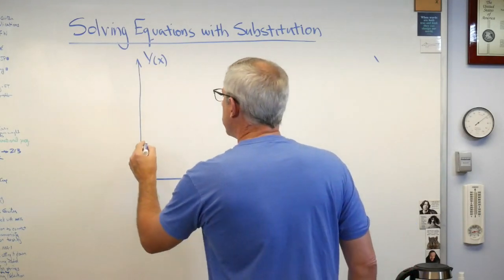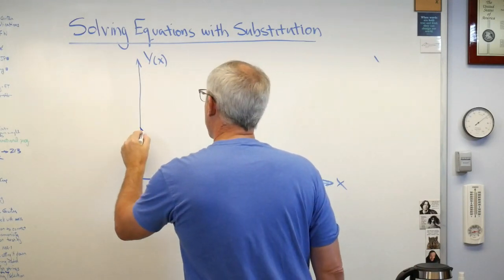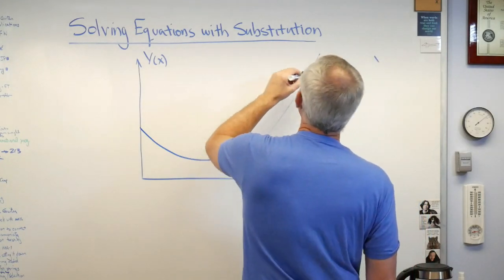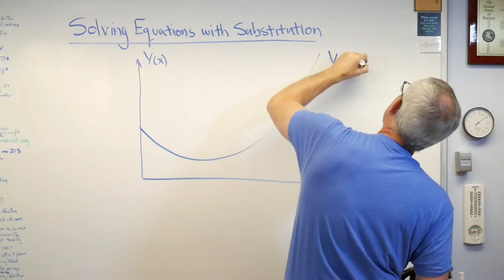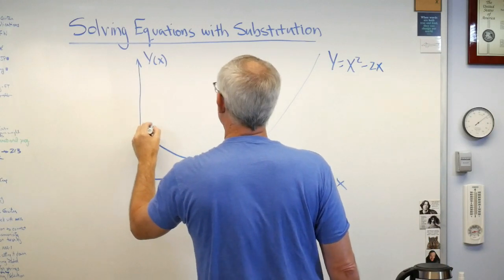All right, so I'm going to draw a picture of my parabola, which looks like that. That's y equals x squared minus 2x. And I'm going to draw this.